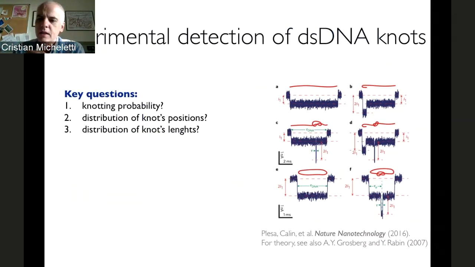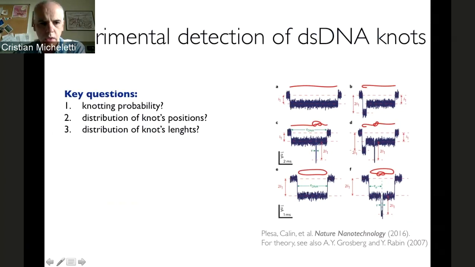because it gives access to quantities that you cannot really access in gel electrophoresis, which is very powerful, but can only answer the question of what type of knots you have, which is an important question per se, and what is the overall knotting probability. But with this type of technique, you can answer much more punctual questions for the type of process that you consider.